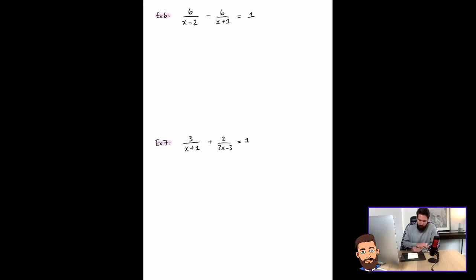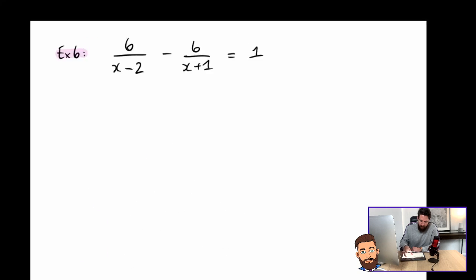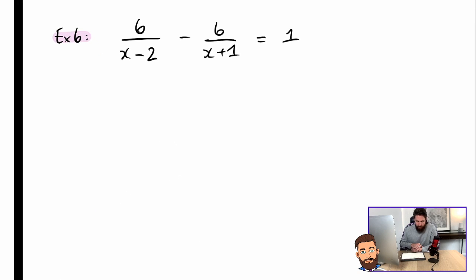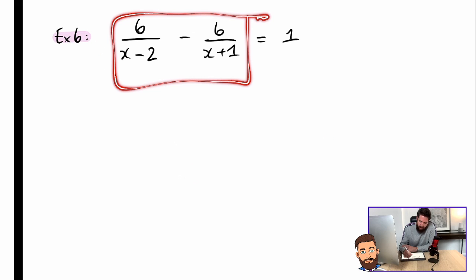That brings us on to the final two examples, where on the denominator of these fractions, we have got more than one term and we are minusing them. So again, the first thing we should do, and we looked at this in the previous lesson: how do we make a common denominator when you have got more than one term on the bottom of a fraction?